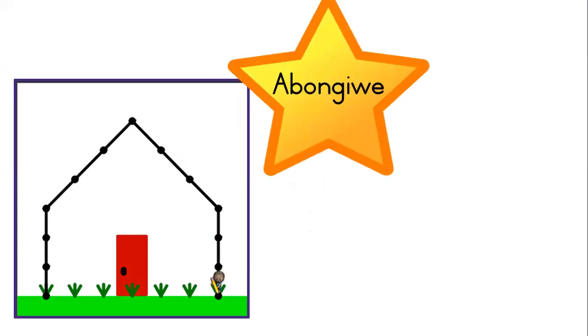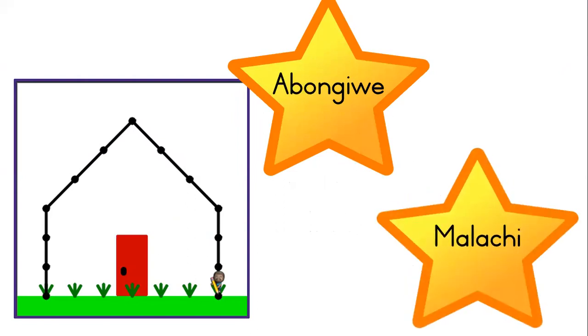Now look at this beautiful house. I just want to give a big shout out to Abongiwe, who handed in homework, and Malachi. Malachi, I couldn't get to your puzzle, but you emailed it to me. I just couldn't open it. But I know that you did your homework.